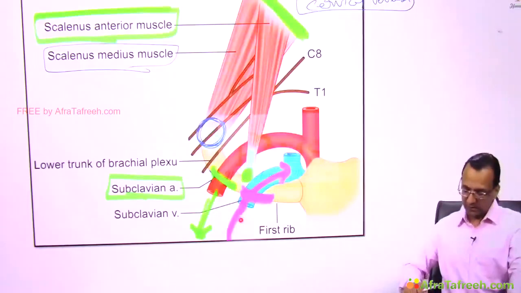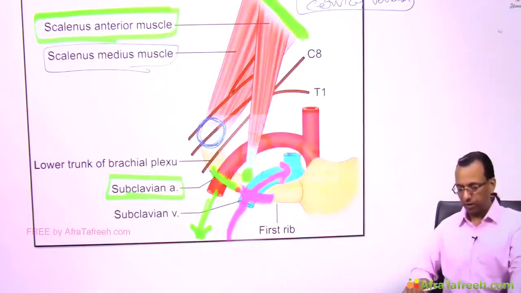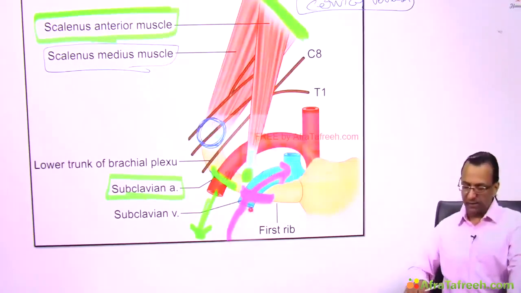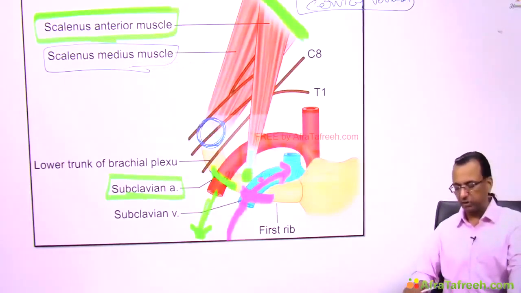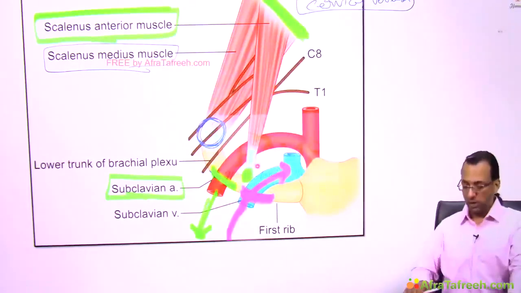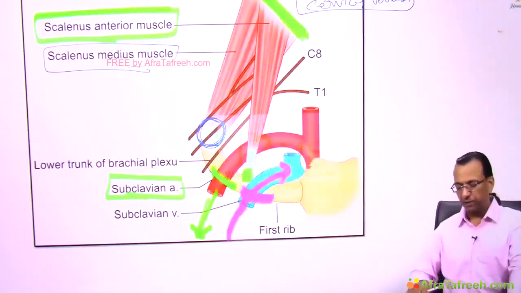So this is the axillary vein in the axilla, crossing the outer border of the first rib to enter the neck region and become the subclavian vein. What is the sandwich between the artery and vein? That is the scalenus anterior muscle. So the scalenus anterior muscle is sandwiched between the vein anterior and the artery posterior.